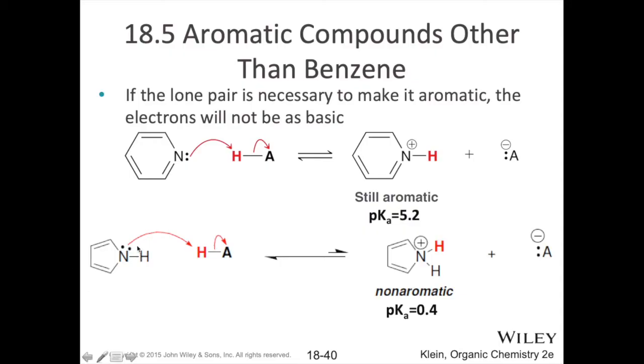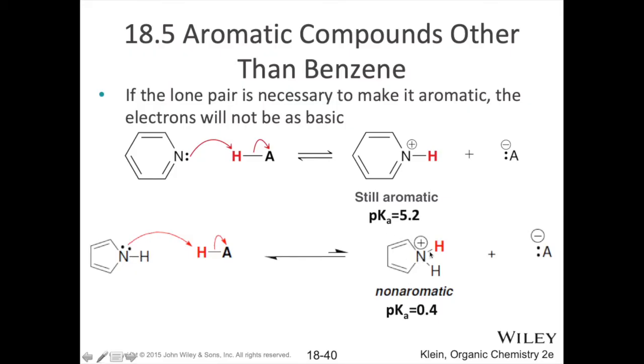However, if we were to use pyrrole as a base, that lone pair would then get used up to form this bond with hydrogen to make the corresponding conjugate acid, which now means that we have to break aromaticity here. So this actually winds up being non-aromatic. You'd think, okay, is that going to be anti-aromatic because we've got 4 pi electrons here, but remember now this nitrogen is now sp3 hybridized, so that actually breaks.